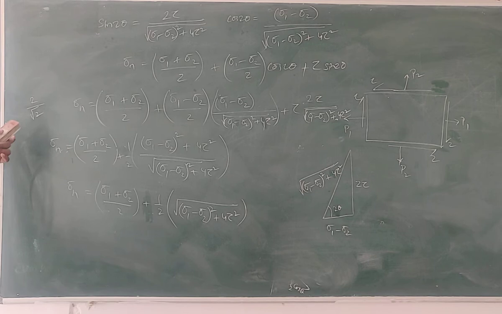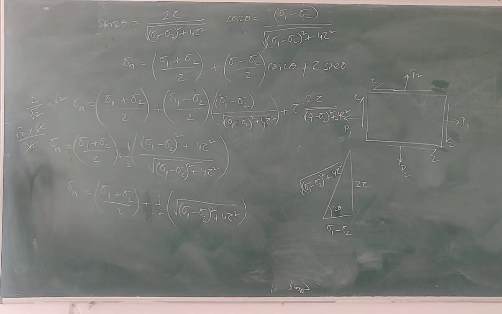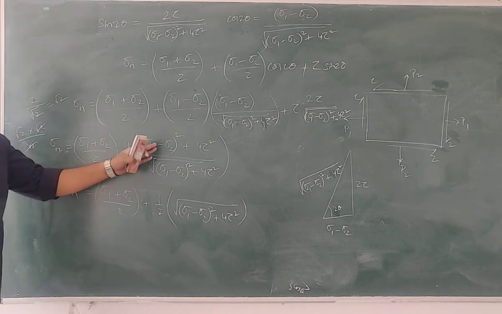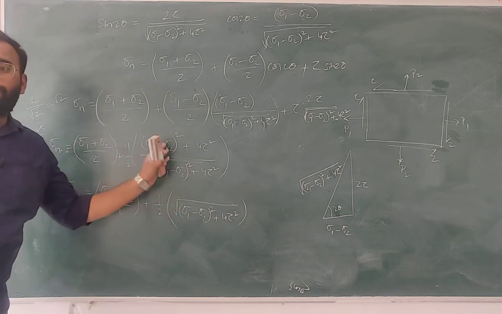What will be the answer for 2 by root 2? This 2 will be root 2 into root 2 by root 2, so this can be written as root 2. Anything of the form x by root x, the answer will be root of x.